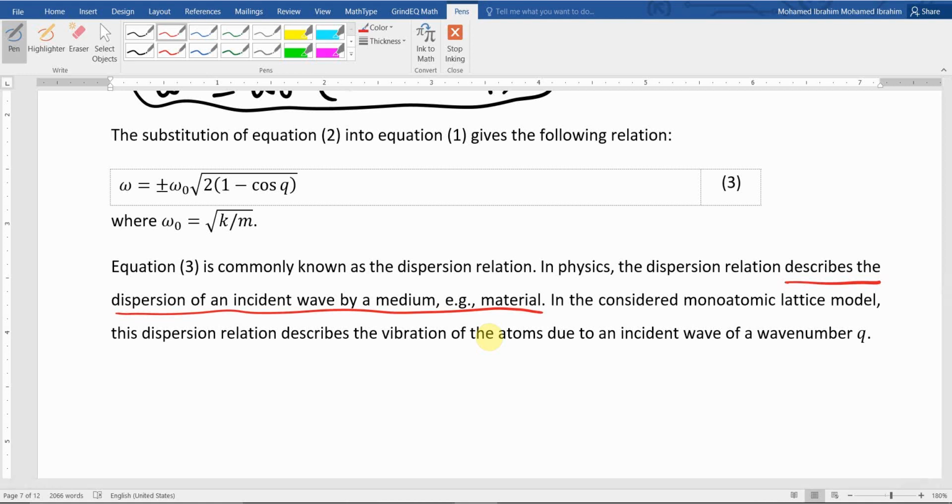You can understand dispersion as kind of distributing the wave, or slowing down the wave, or changing the speed of the wave through the material. This is kind of the meaning of dispersion. So if a wave is propagating in air, it can easily go through the air. But if the same wave tries to propagate through a solid material, it will be hard for it.